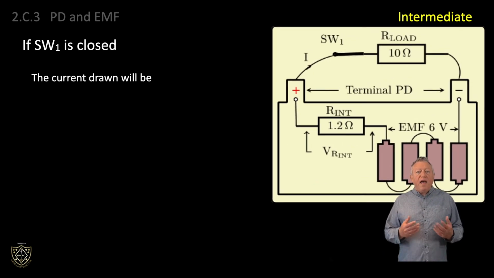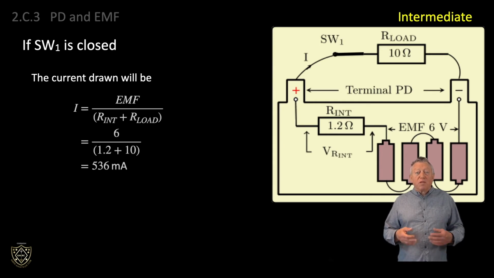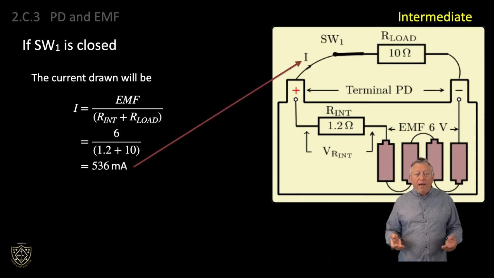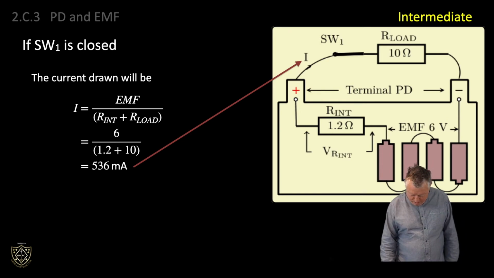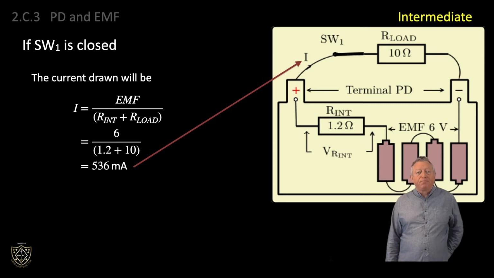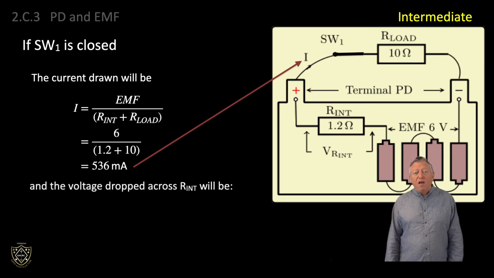But if SW1 is closed, the current will be I equals EMF divided by Rint plus R load, which equals 6 divided by 1.2 plus 10, and that equals 536 milliamps.